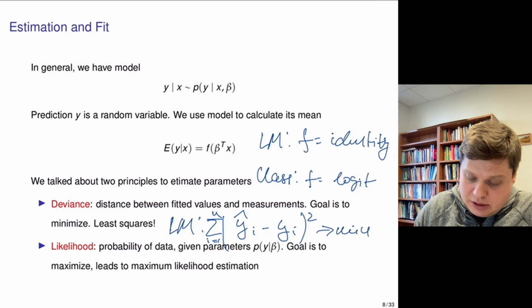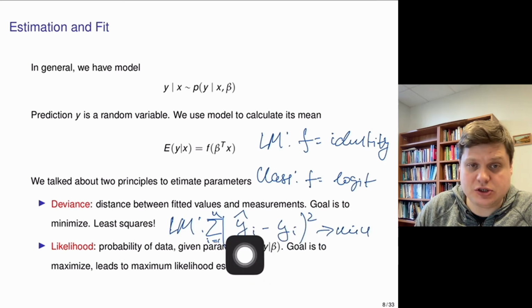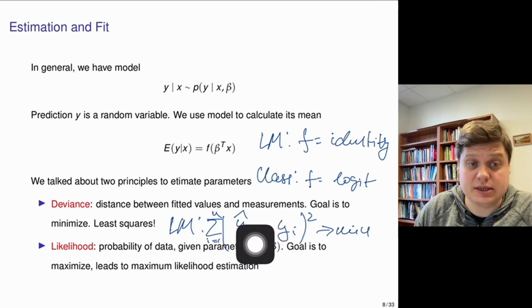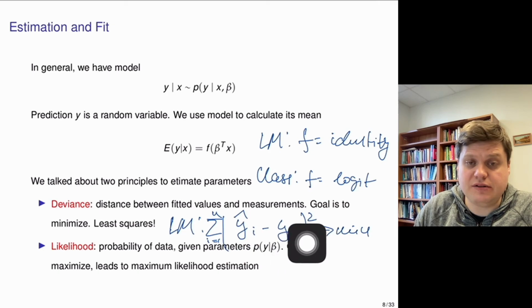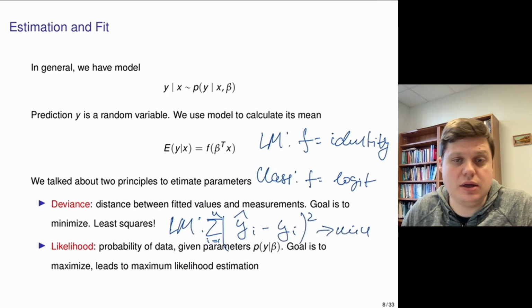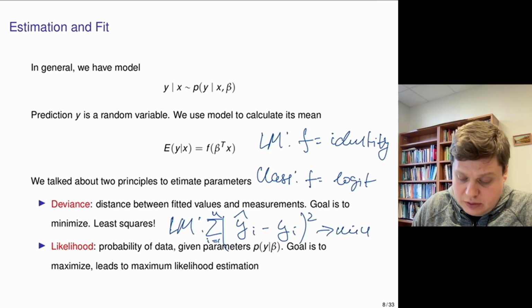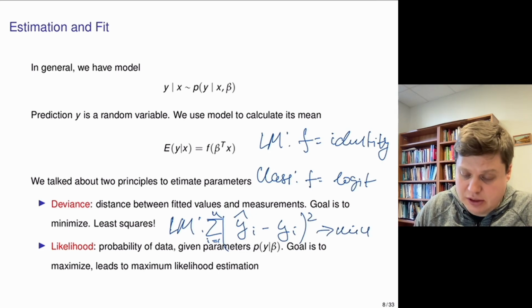So essentially, this value here, the sum of squared residuals, is the deviance. So that's the distance between the fitted values y hats and the y itself, the observed values, and then we have the square, so we avoid this cancellation of negatives and positives. So that was the principle of least squares for the linear models.